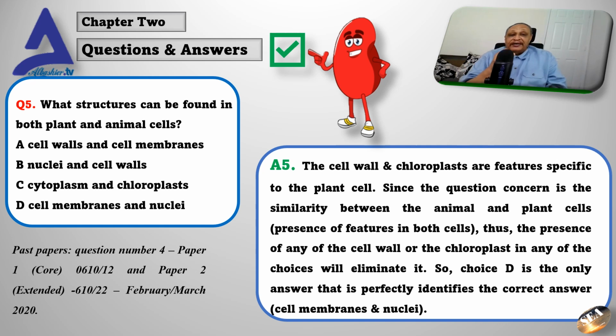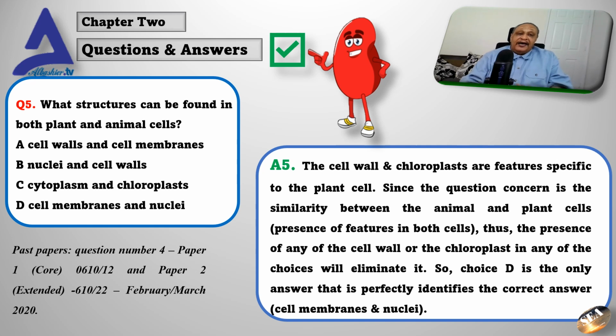What structures can be found in both plant and animal cells? Again, the question is about similarities because he wants what is in both of them. When he asks you to compare the animal cell and plant cell, just remember the rule of 3 and 3: 3 are similarities and 3 are differences.